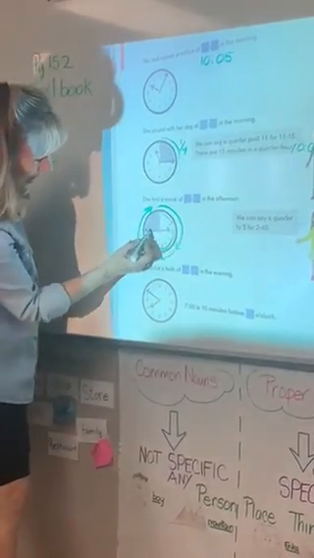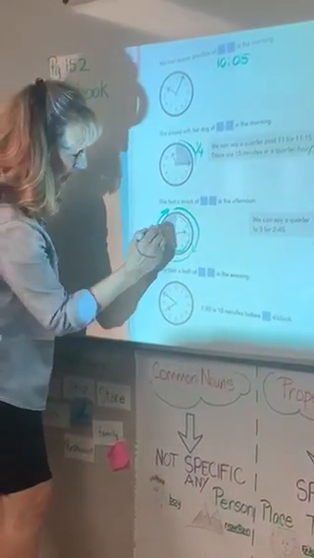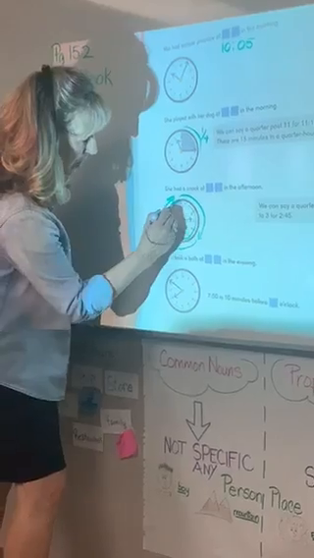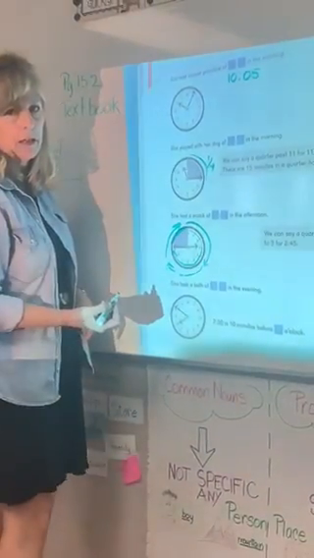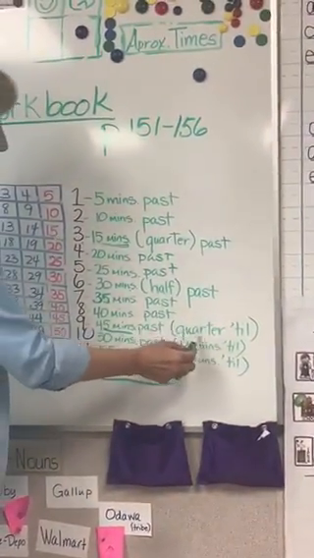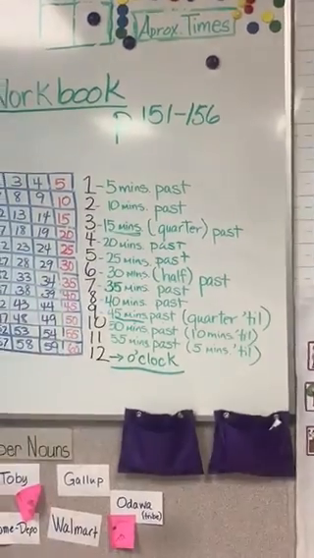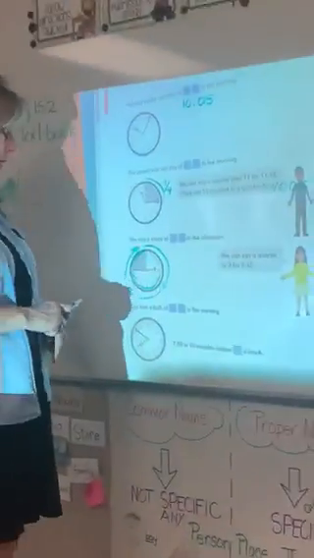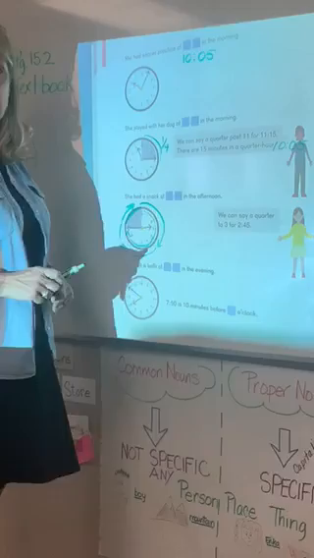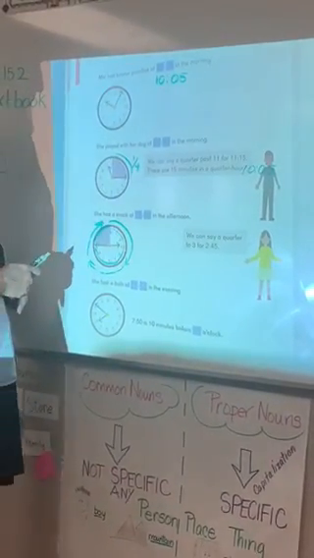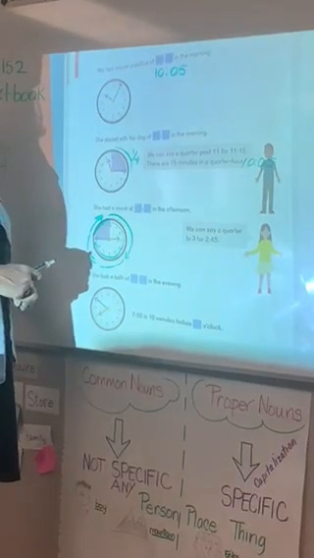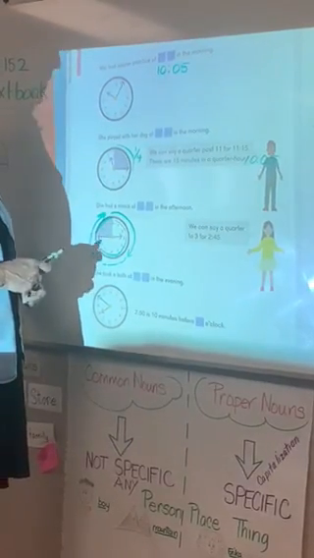When the long hand is on this side, that means there's only this far to go before it's going to be 3 o'clock. So it's 45 minutes past the hour, but we also say it's a quarter till the next hour. It's 15 minutes until the next hour. You could also say it's 15 minutes till 3, but normally you hear it's a quarter till 3. Okay?